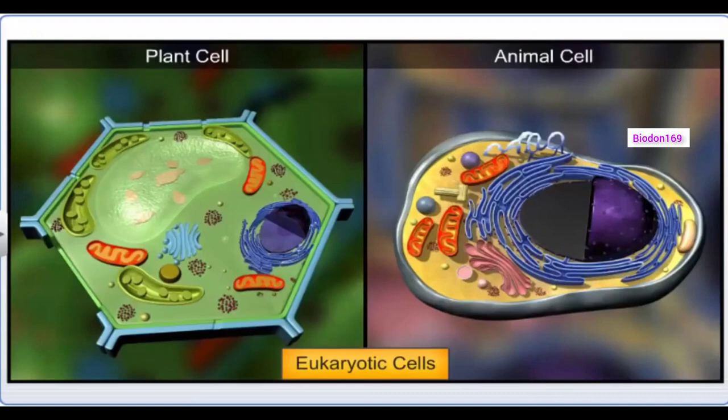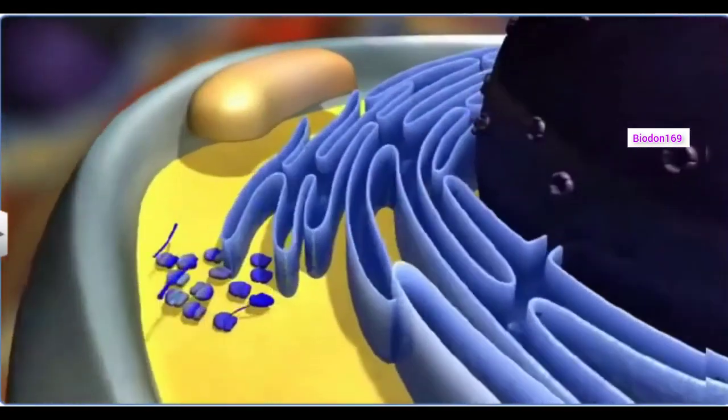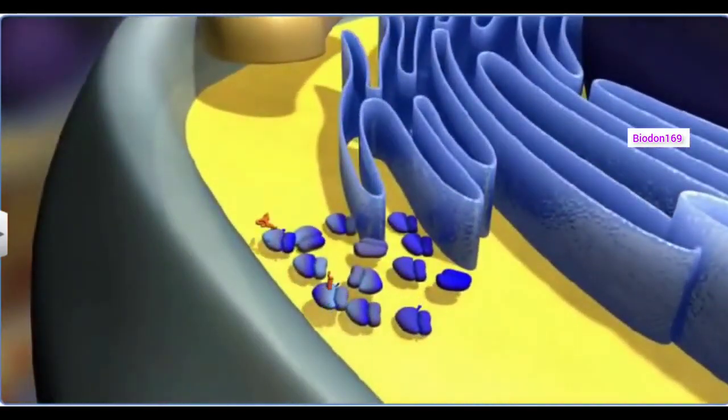However, in an eukaryotic cell, the cytoplasm does not include the nucleoplasm, the nucleus matrix filled with the contents of the nucleus. Cytoplasm is a hub of activities and chemical reactions, such as protein synthesis, that help the cell remain alive.